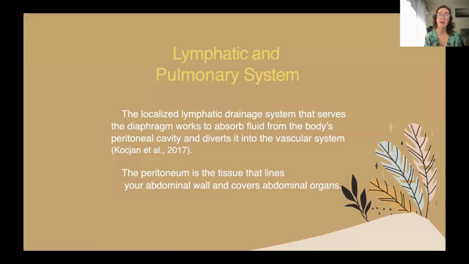So we see that there's a lymphatic drainage system, and it absorbs fluid from the peritoneal cavity. So the peritoneum is the tissue that lines the abdominal walls. It covers the abdominal organs. And by moving our diaphragm through diaphragmatic breathing, through breath work, we are going to help our body's lymphatic system absorb the fluid from the peritoneal cavity, and it puts it into our body's vascular system.